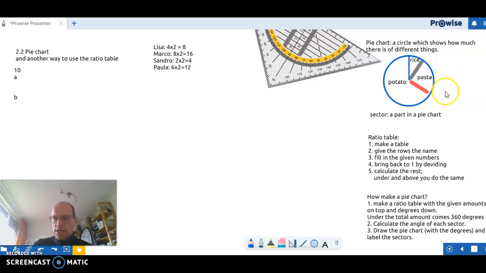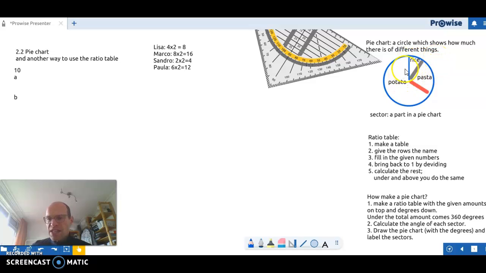It simply says: in the Netherlands, what do people eat with dinner? Potato with veggies, or rice with veggies, or pasta with veggies. And you can see lots of potato, a bit less pasta, and not that much rice.